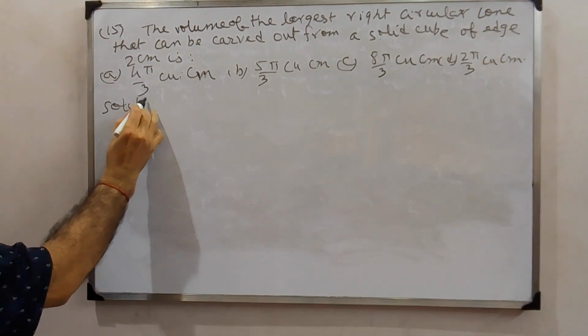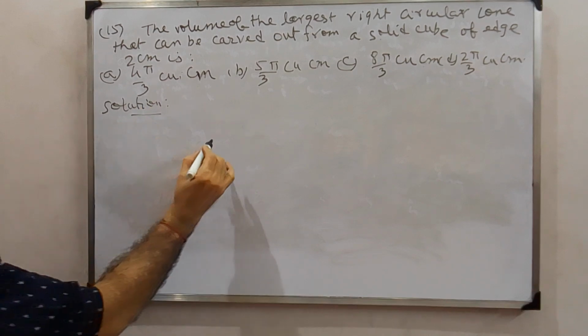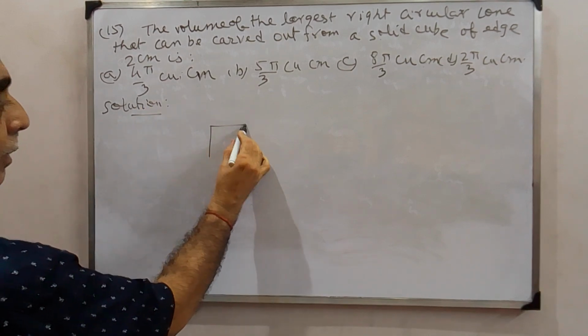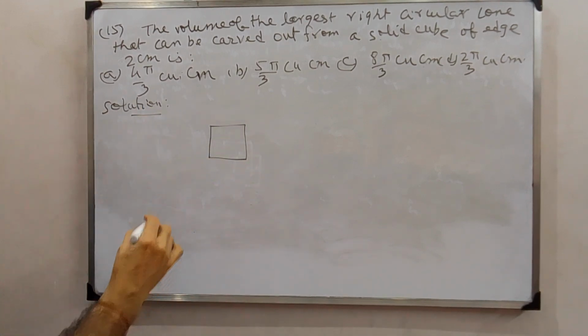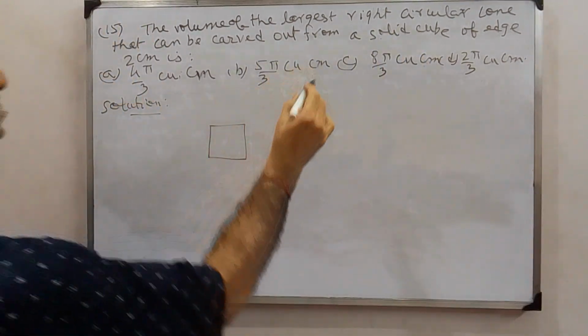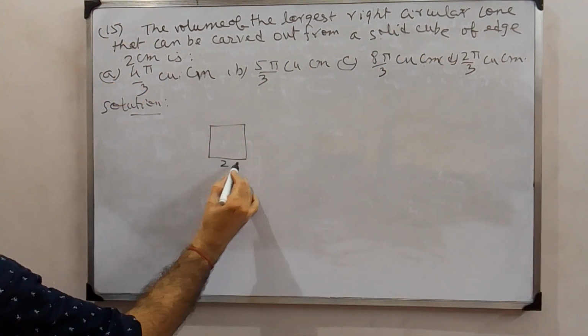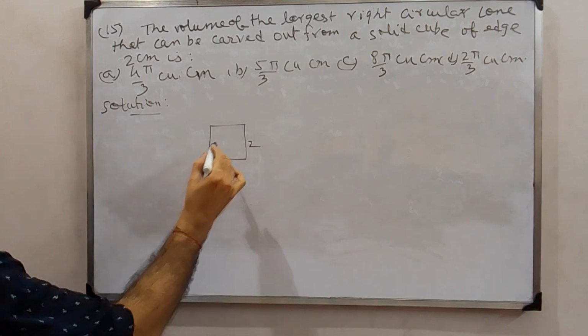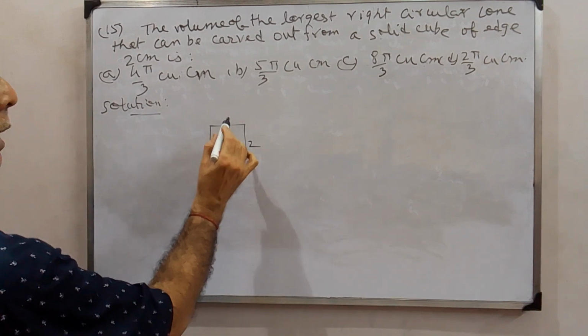Okay, so this is the cube. We know that each face is a square. The question asks for the volume of the largest circular cone in a cube of edge 2 centimeters, so this is 2, this is 2.